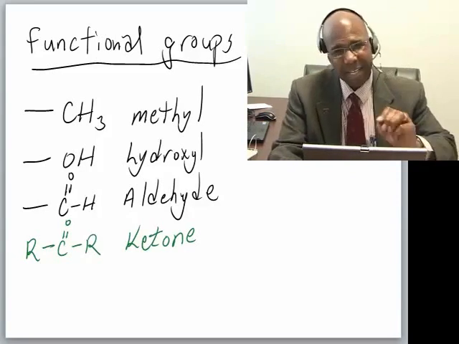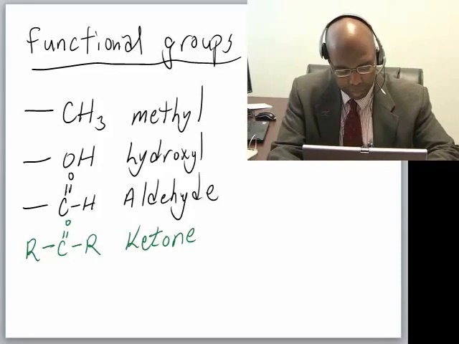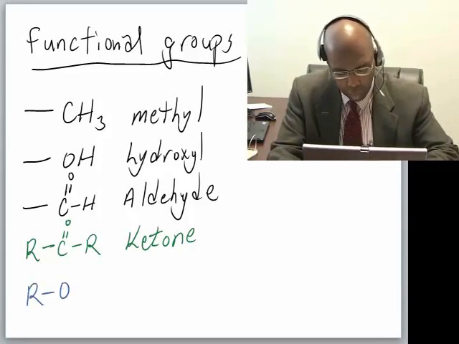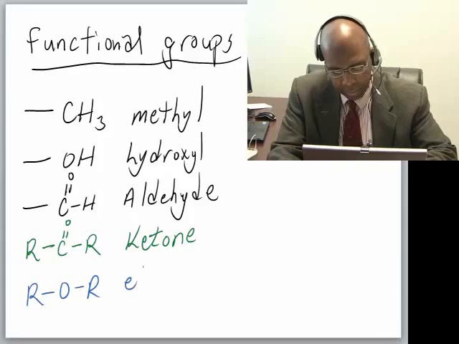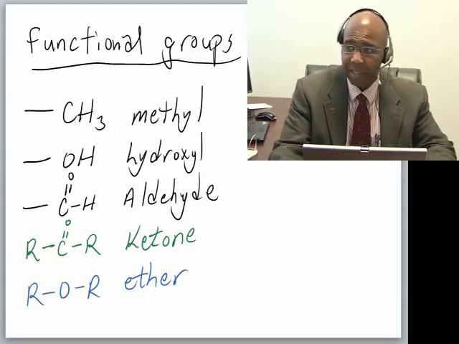I'm going to put this next one; we haven't seen it yet. If we have R, O, R, this is an ether. That may come up later. That functional group is an ether.